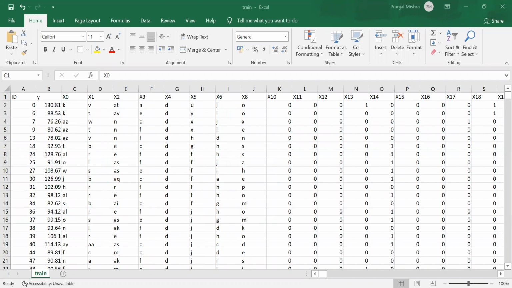MAPE on train and test. MAE on train and test. And your RMSE on train and test. R square and adjusted R square only on your train data, but rest everything on train and test.